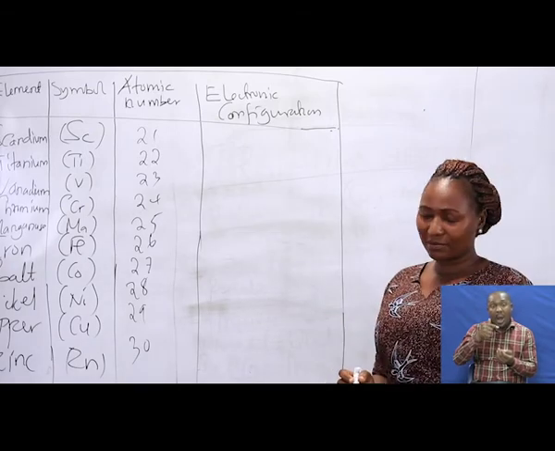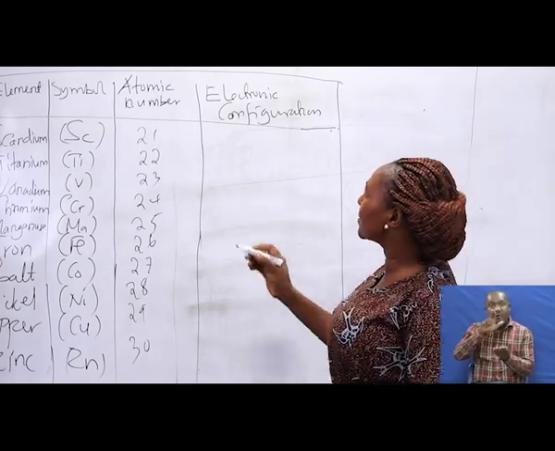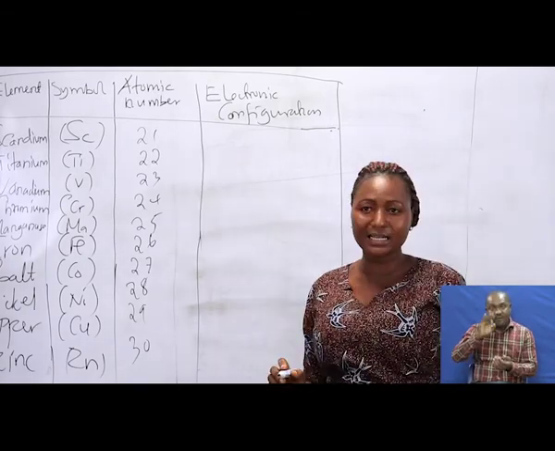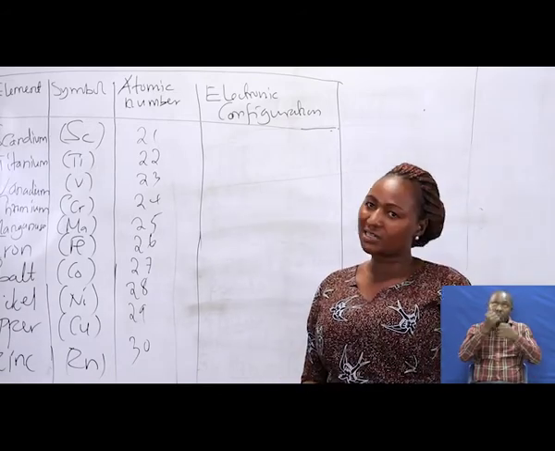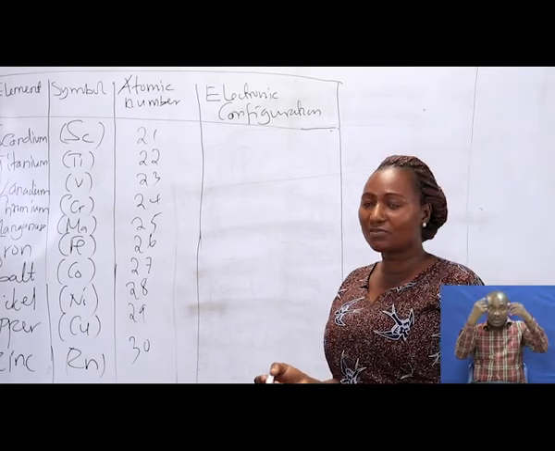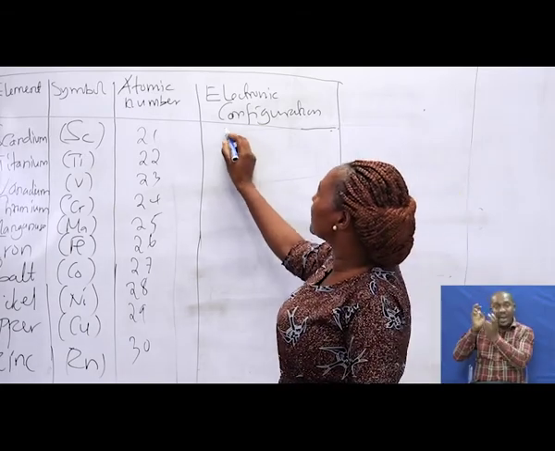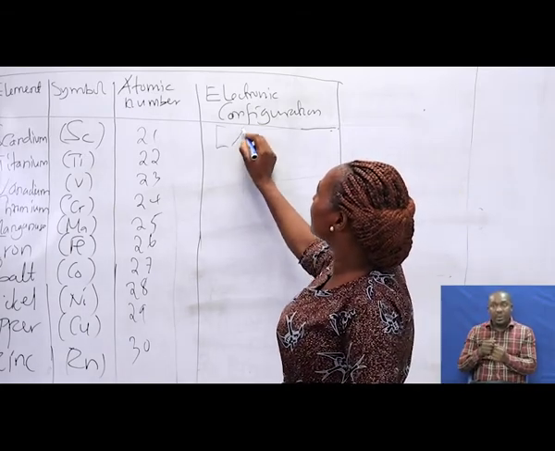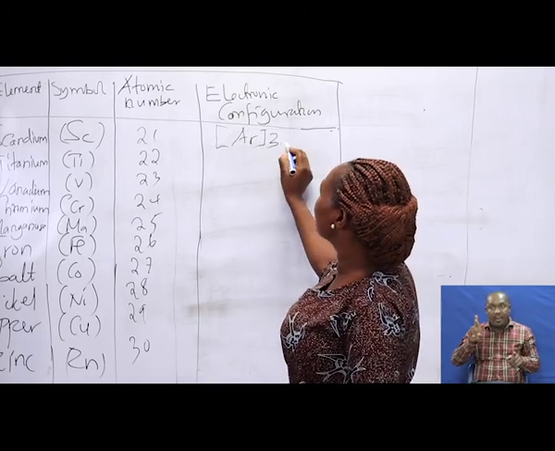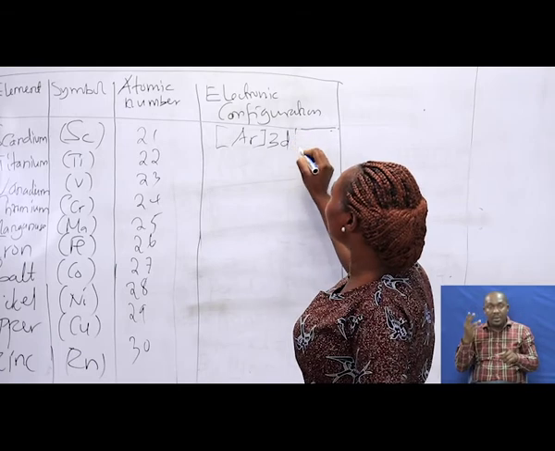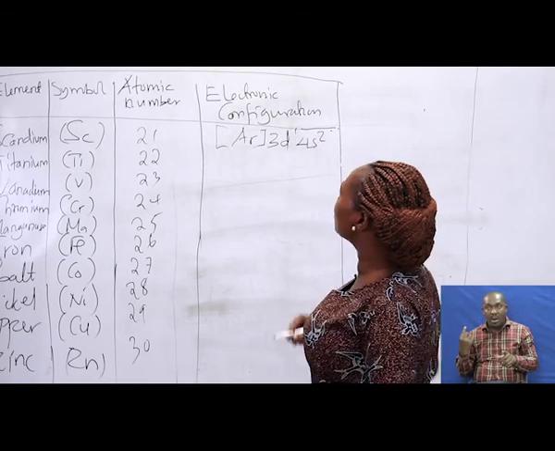Starting with scandium, because the atomic number is 21, it has 21 electrons. To write the electronic configuration, we start with square bracket Ar, followed by 3d1 4s2.